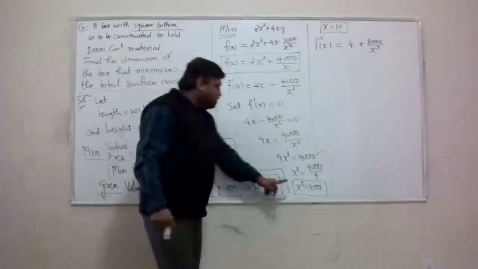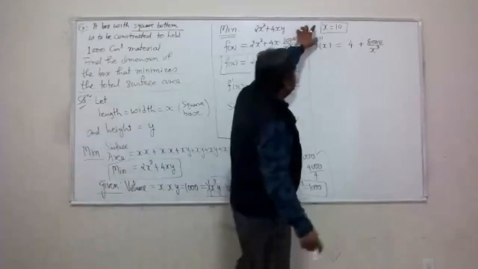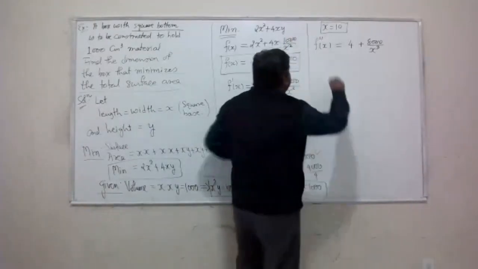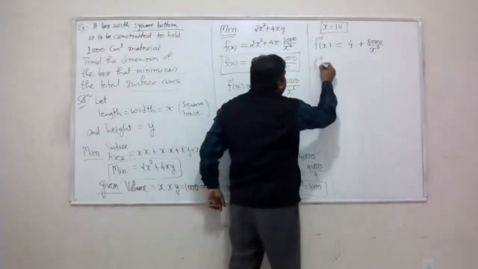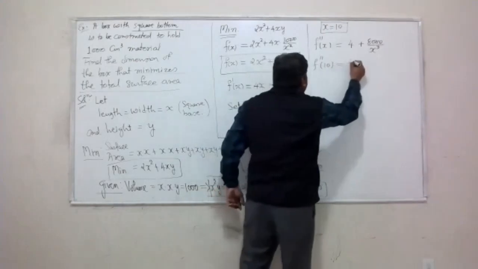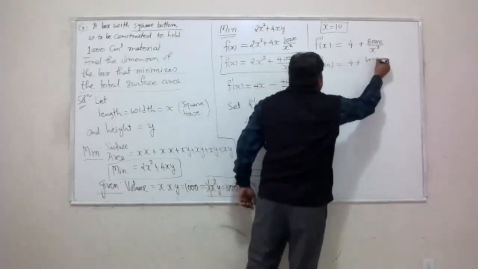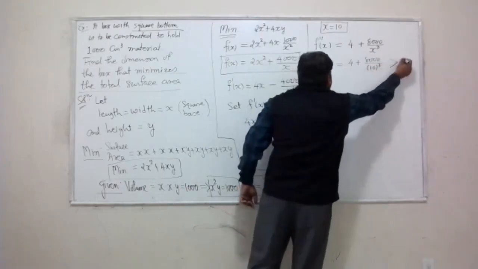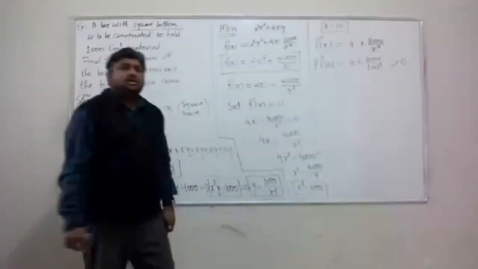What do we want to do? We need to plug the critical point of f prime x into the second derivative and observe the sign. Again, as I said, I am not interested in the final answer. I am only interested in the sign.